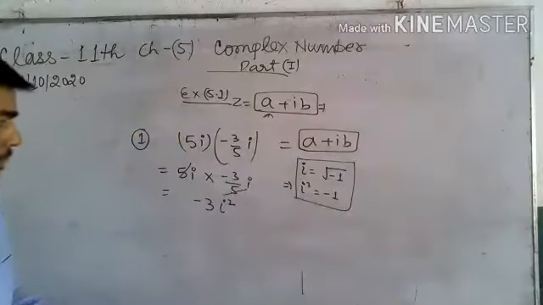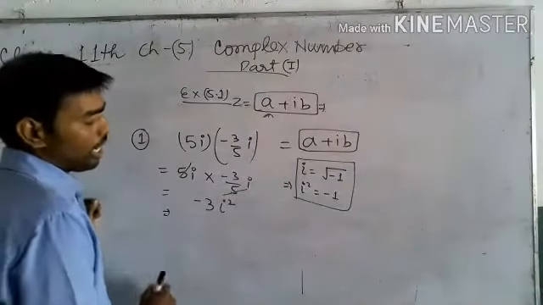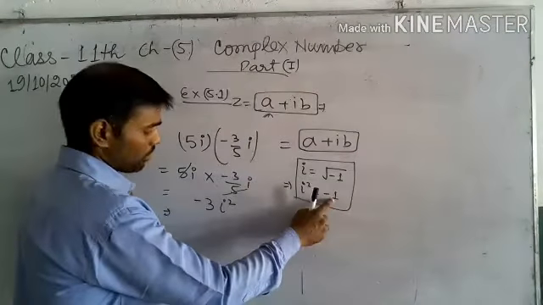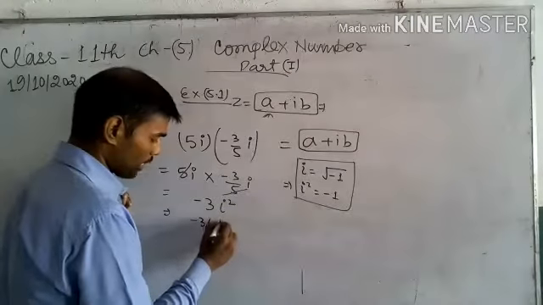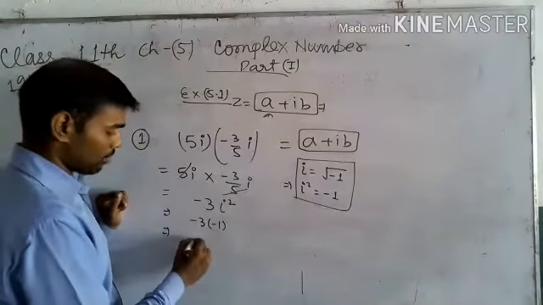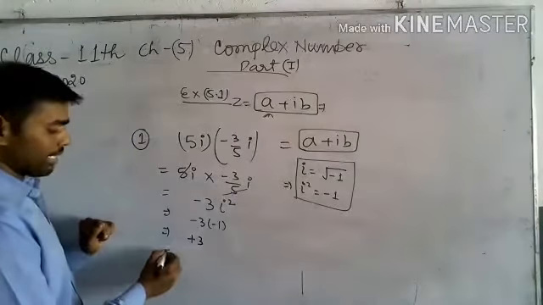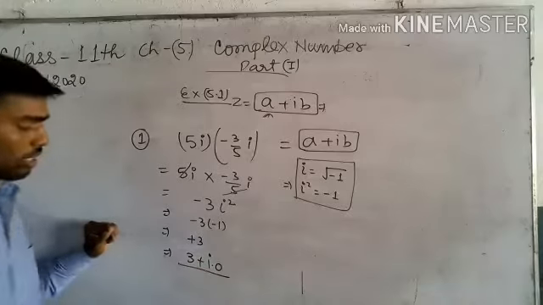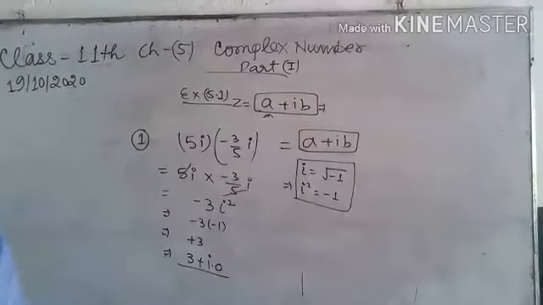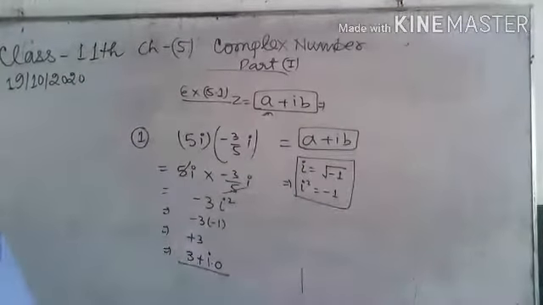So we use this concept: i square is minus 1. So minus 3 into minus 1 is plus 3, and plus 3 can be written in the form 3 plus i into 0. Now check the answer.